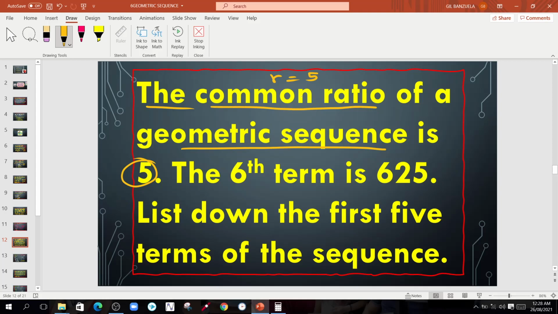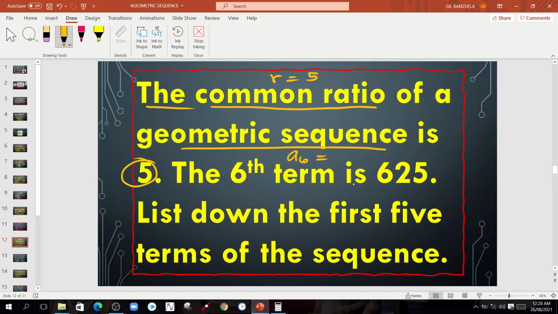O, diba? Kung hindi natin alam na yung R pala yung common ratio, edi mahihirapan tayo. That's why, mas maganda na alam natin yung formula by its use. Diba? At least alam na agad natin na yung common ratio, yun yung R. Okay? Then, sabi dito, the sixth term. O, edi A sub 6. Diba?